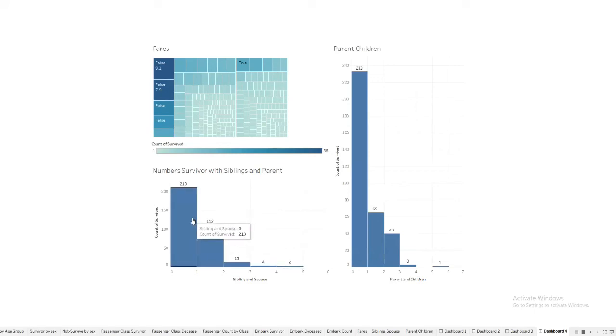But the people that did not have siblings or spouses have a higher survivability rate, of which 210 survived the Titanic.